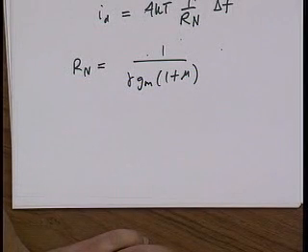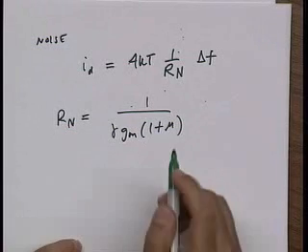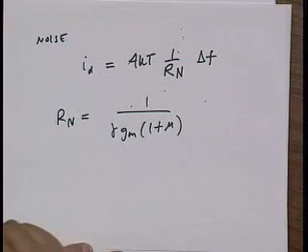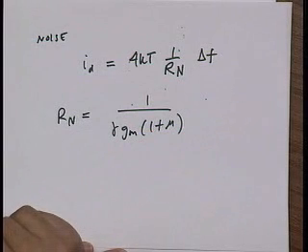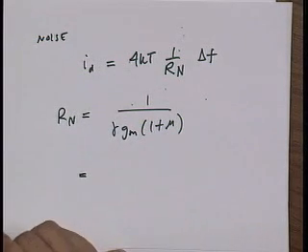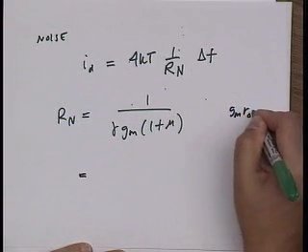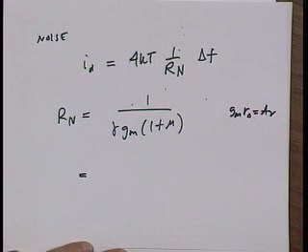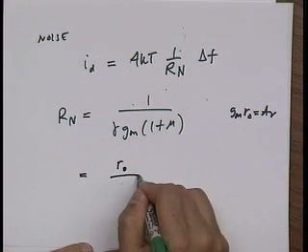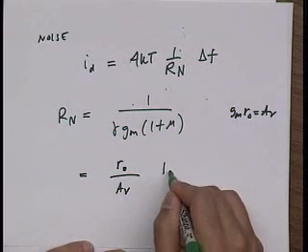Now this is really interesting because it tells us that this Rn is definitely not related to the output resistance of the device, right? I can actually write this in another form. I could say that gm RO is the voltage gain, the intrinsic voltage gain of the device. So I can write this as RO over AV, and then this extra factor.